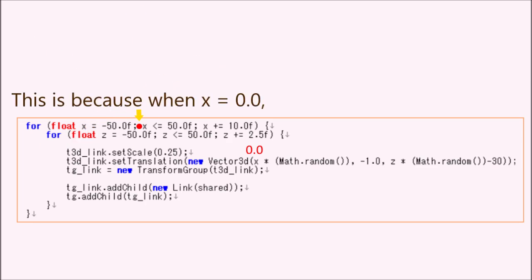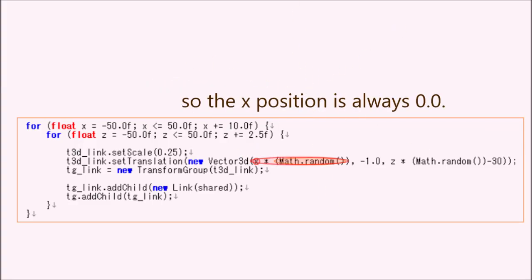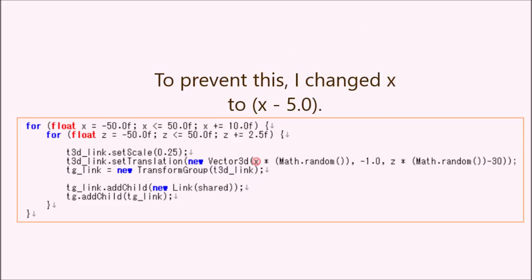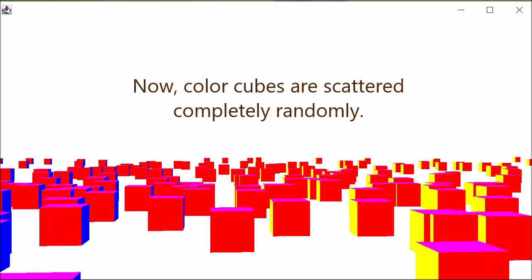This is because when X equals 0.0, whatever you multiply by X is always 0.0. So the X position is always 0.0. To prevent this, I changed X to X minus 5.0. Now, color cubes are scattered completely randomly.